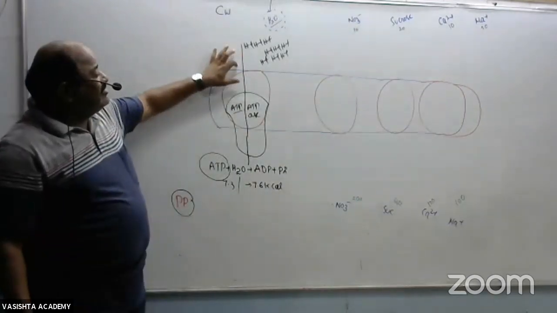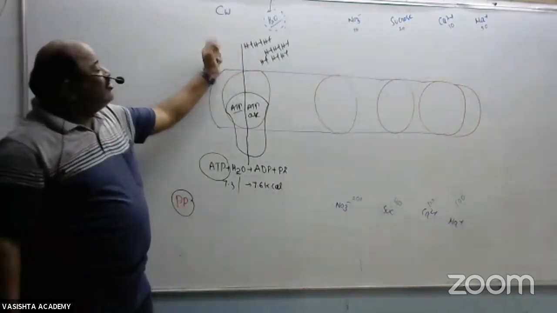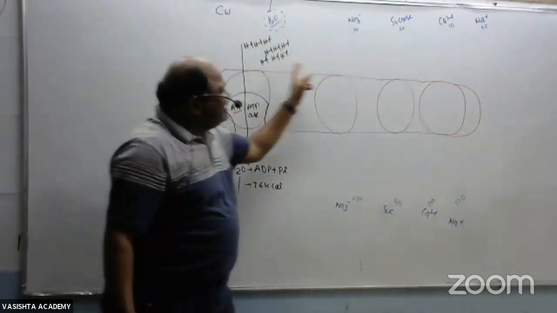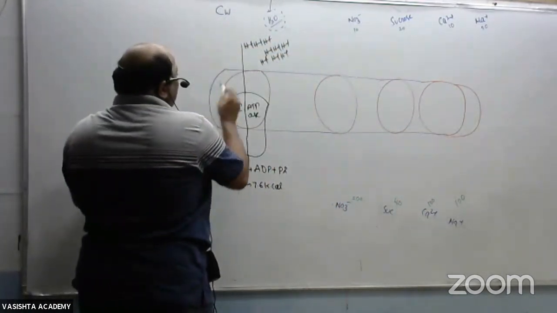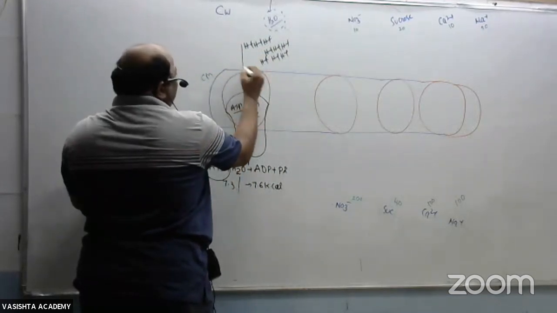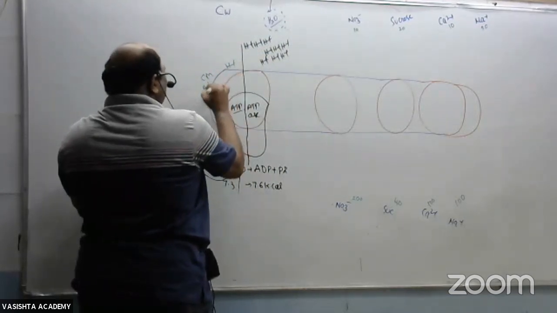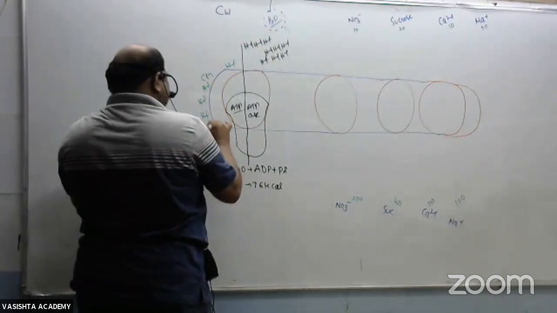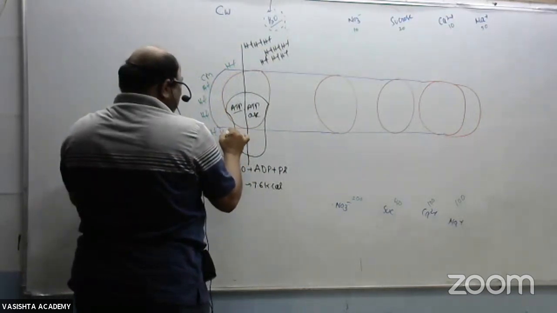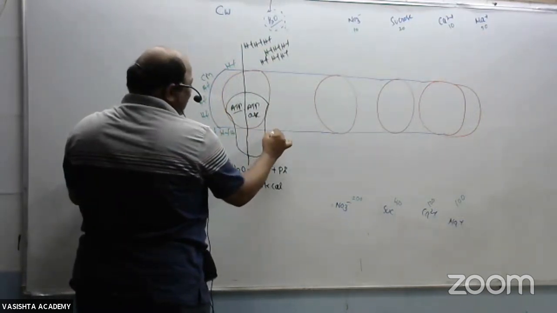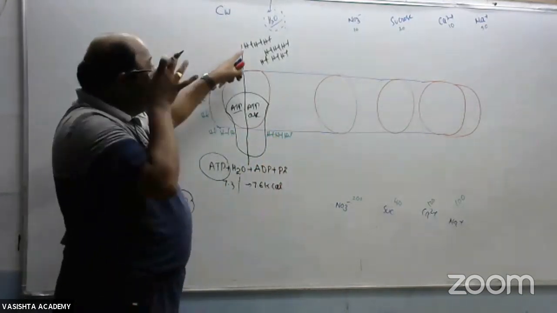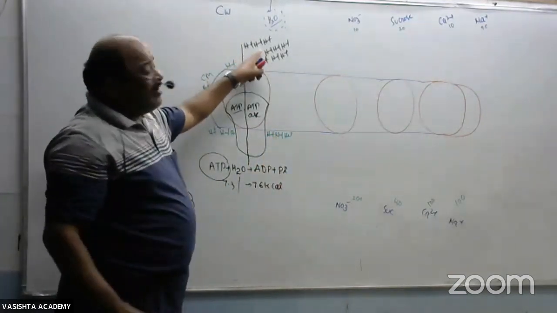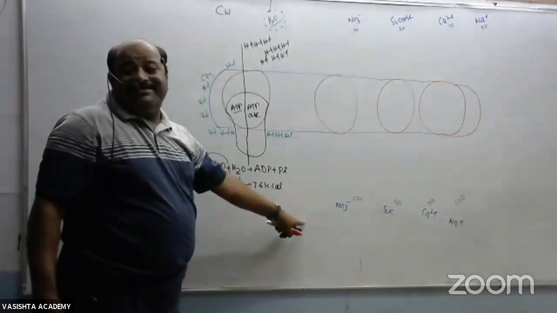All of them are present outside the cell membrane. Across this membrane, around the cell membrane, the concentration of H plus is more. These H plus ions are doing different types of functions. Now H plus ions once again enter from outside to inside.